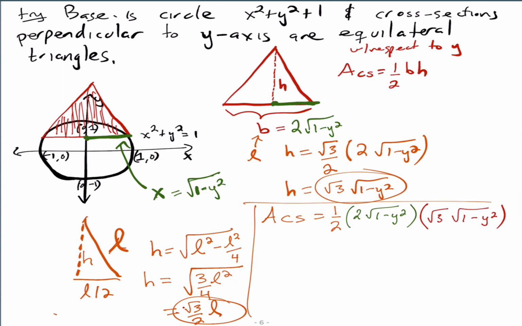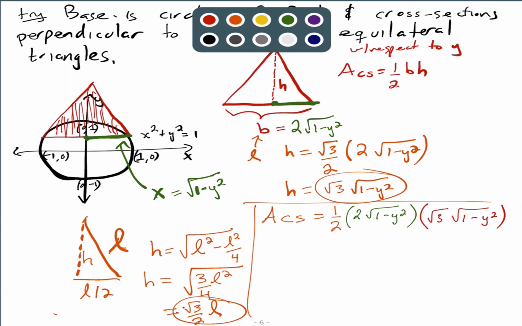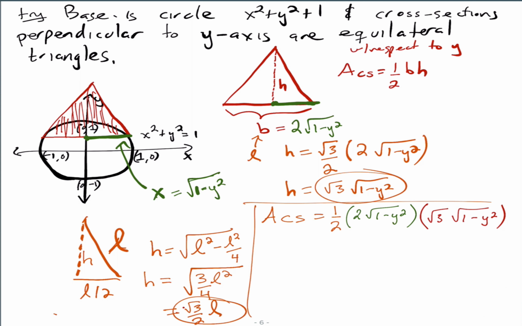Yes? Can you just go back to the h? The h, yes, combine root 3 over 2 times 2 square root of 1 minus y squared. So it's base times height, right? Maybe it was a mistake to use a different variable. So see how B is the entire base of the triangle?